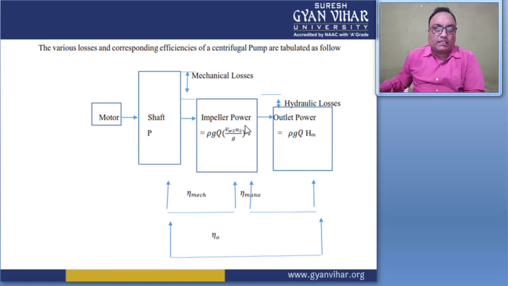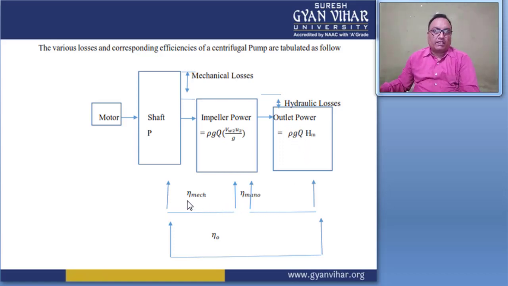This is the impeller power, and this impeller power is converted to the kinetic energy of the fluid and then to hydraulic energy, pressure energy, and here are the hydraulic losses, meaning eddy losses and other friction losses are associated with it, and this is the output power.